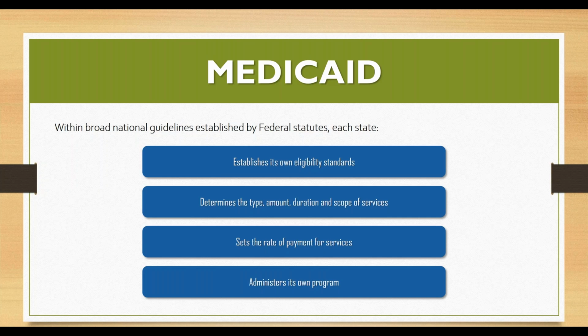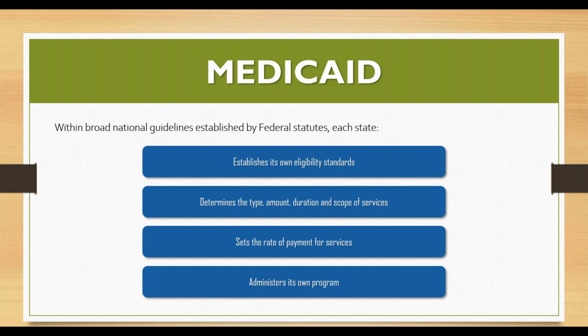For specific information regarding Medicaid eligibility categories, we need to go look at the Medicaid website. But with broad national guidelines established by the federal government, each state does establish their own eligibility standards, so they can vary from state to state. It determines the type, the amount, the duration and scope of services.